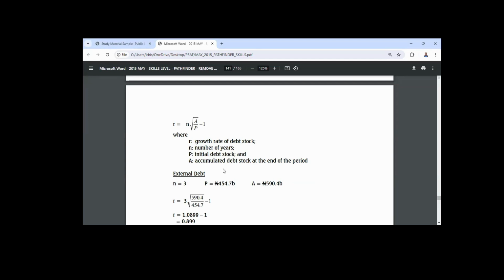Going back to this question, for external debt, the number of years between 2011 and 2014 is what?